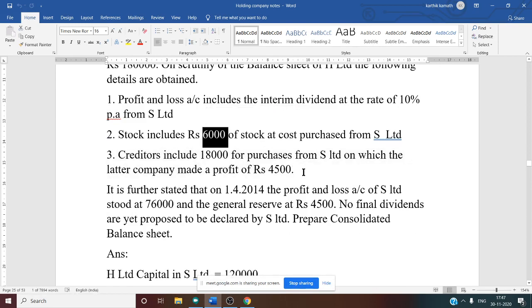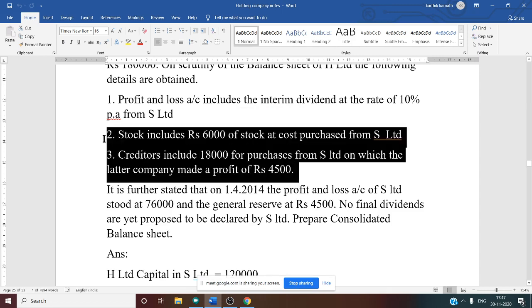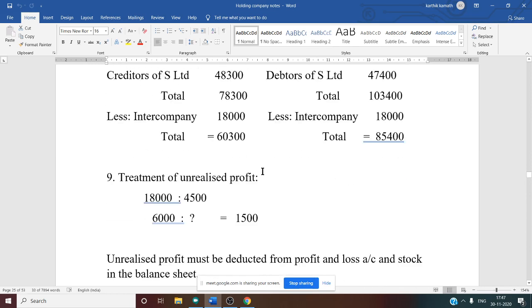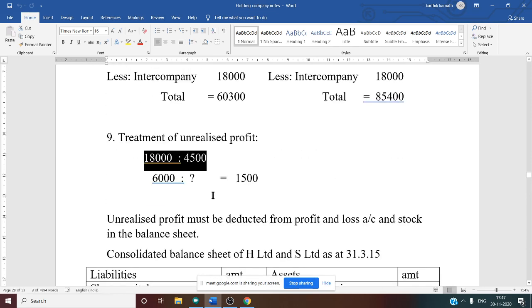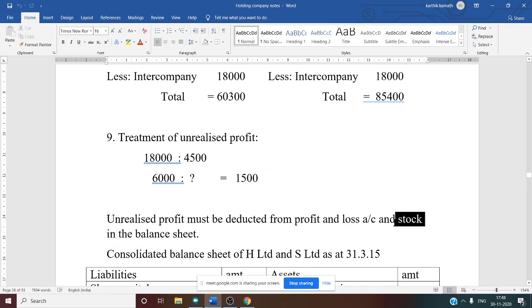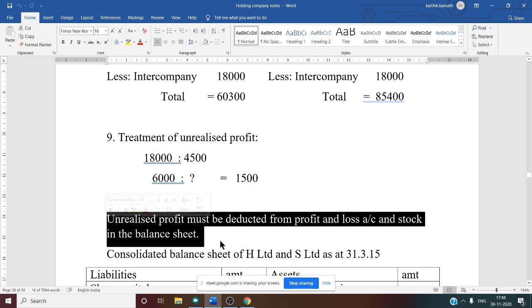What is the profit? So adjustments 2 and 3 we have to combine together in order to find unrealized profit. For 18,000, 4,500; for 6,000, how much? By cross multiplication you will get 1,500 as unrealized profit. This 1,500 you have to deduct from the profit and loss account on the liability side, and from the asset side under stock you have to deduct unrealized profit in the consolidated balance sheet.